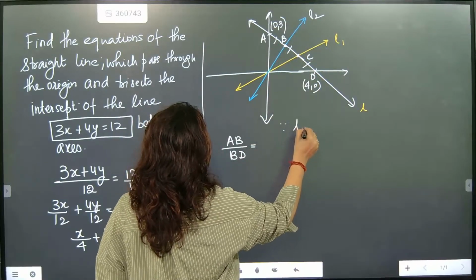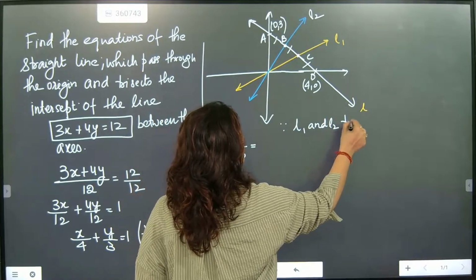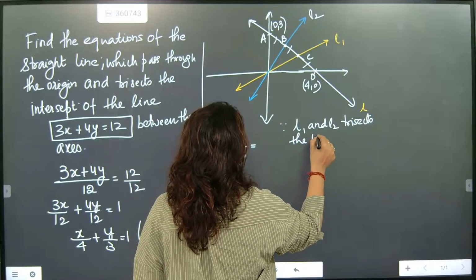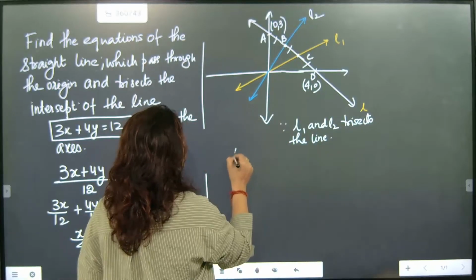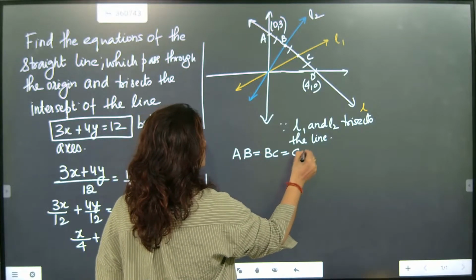Since L1 and L2 trisect the line, that means we came to know AB is equal to BC is equal to CD.